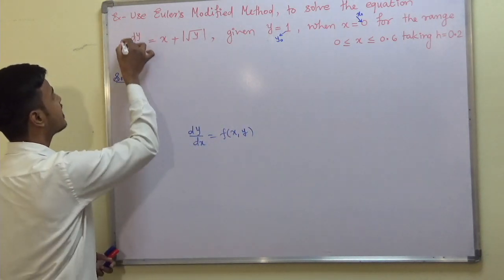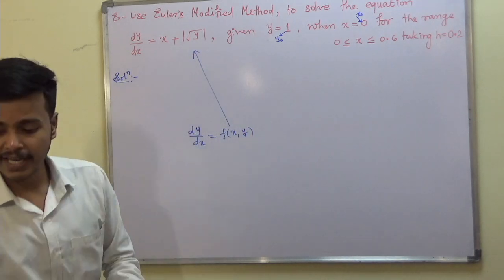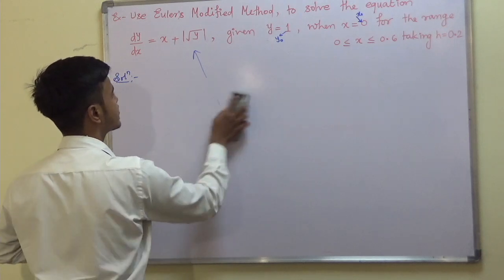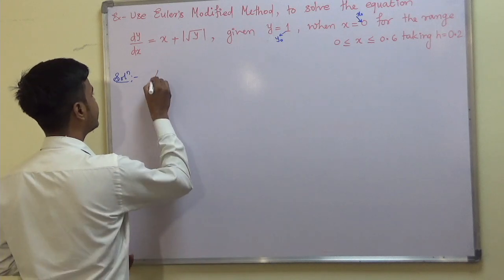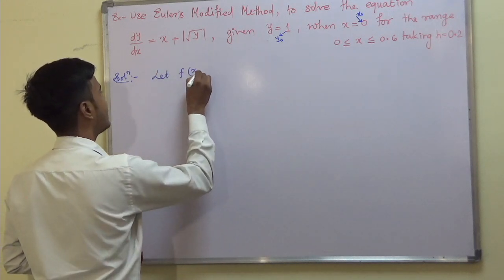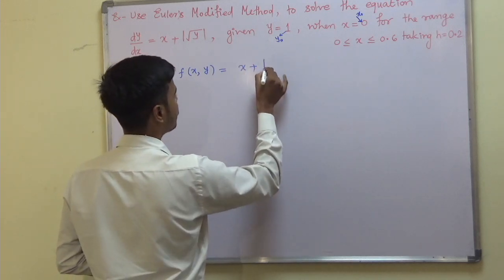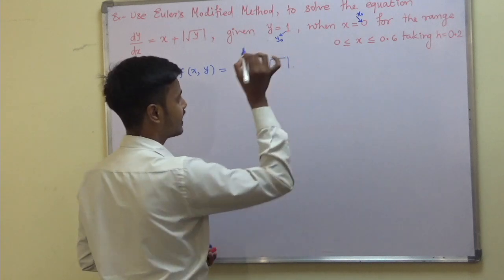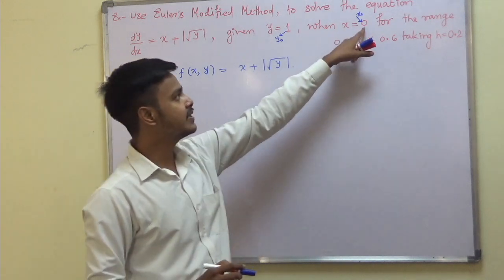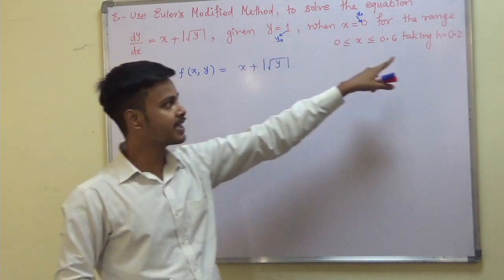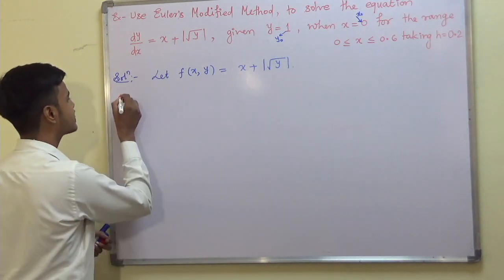So f of xy is x plus mod of y; I can write, let f of xy be equal to x plus under root of y. Also we are given that x0 is 0, y0 is 1, and the step size is 0.2.